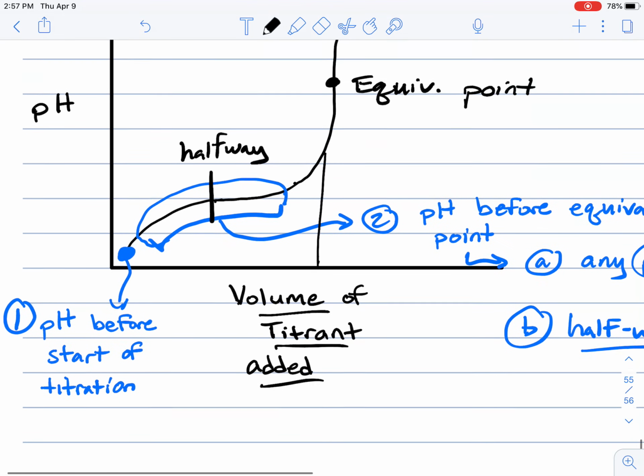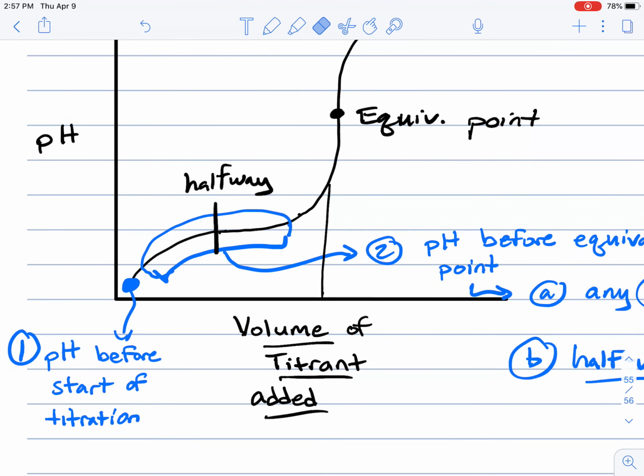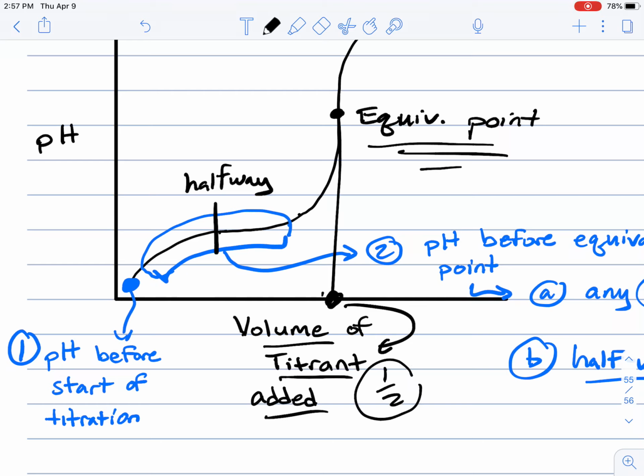Okay. And so let me just be more precise. If this is the volume of the titrant needed to reach the equivalence point, then 1/2 of this value is the halfway point.